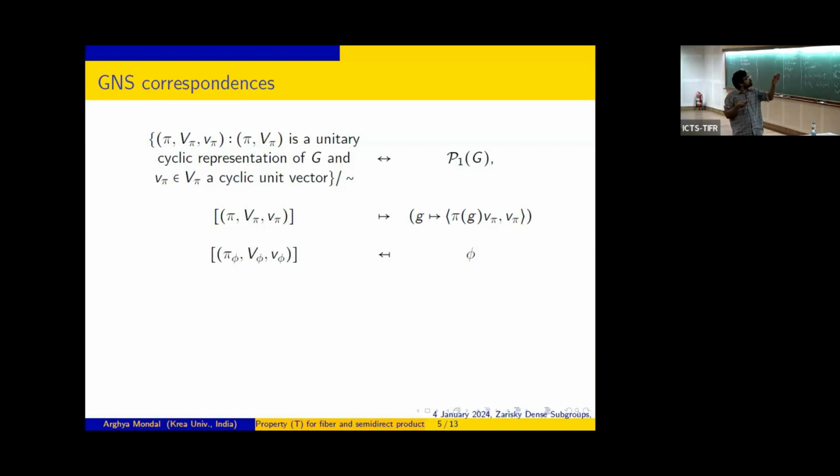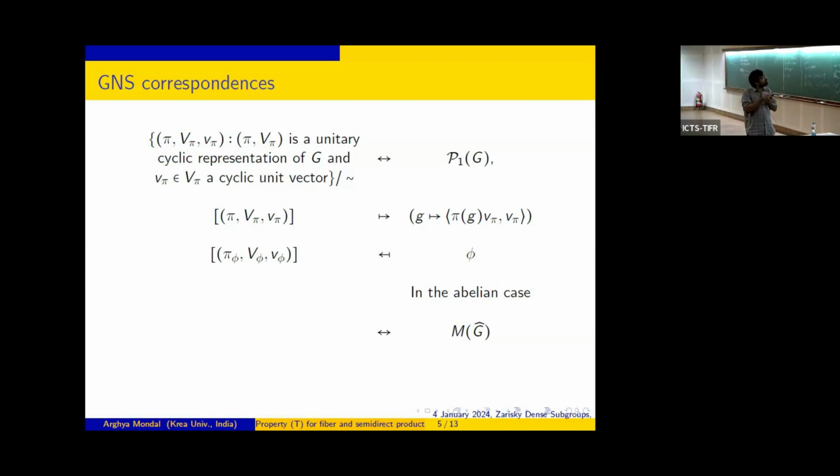And given a function of positive type phi, I will denote the representation corresponding to it by putting the subscript phi. In the abelian case, in fact, you can look at probability measures on the dual group, and functions of positive type and probability measures on G hat correspond to each other via the Fourier transform.